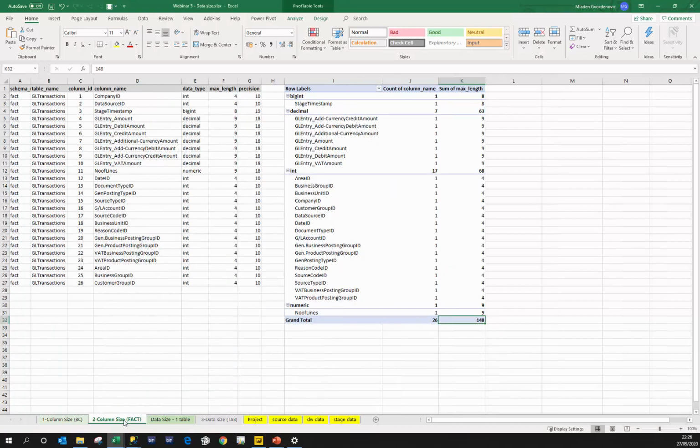Now we're looking into the size of the record in the data warehouse. Then we have bigint and decimal, where we are shrinking the precision from 38,20, which takes 17 bytes, into 19.5, which takes 9 bytes. And what is very important, we do not have any NVARCHAR, and we are replacing these with integers.